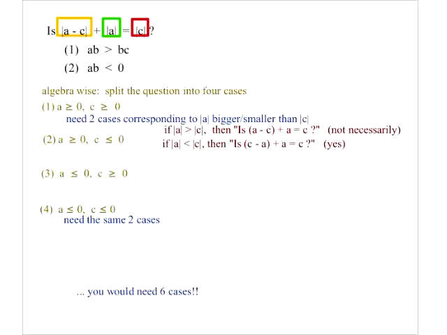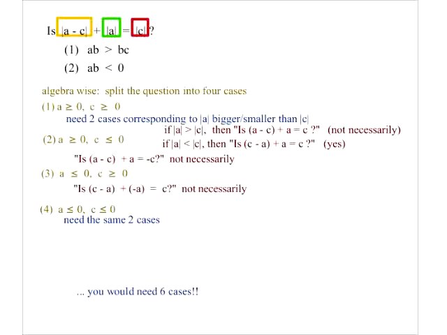Here, if A is positive and C is negative, then that difference is positive. So you get is A minus C plus, that would be A equals negative C. So that's a not necessarily. Here you would get the other way around. This would be C minus A plus negative A equals C. That's not necessarily.